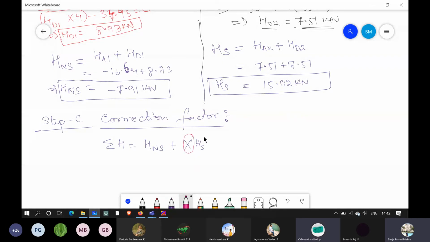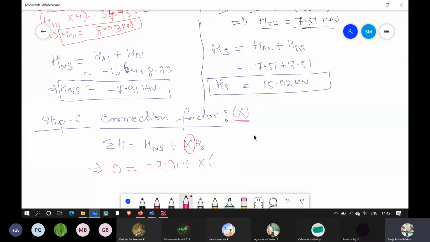Again, the summation of all the forces in the horizontal direction will be 0. So 0 equals HNS, which is minus 7.9, plus X into 15.02.